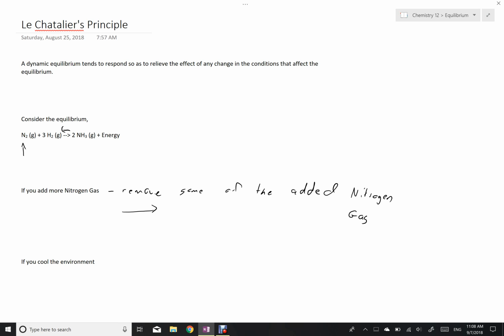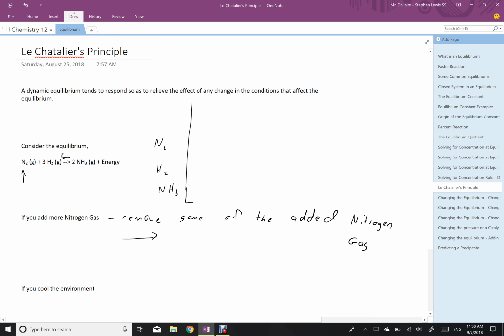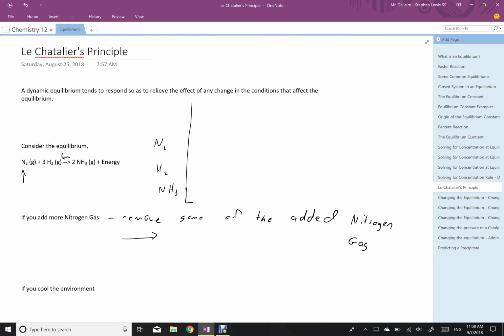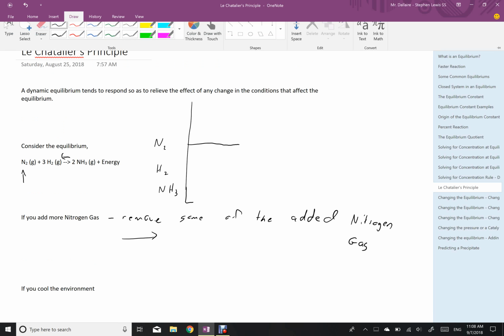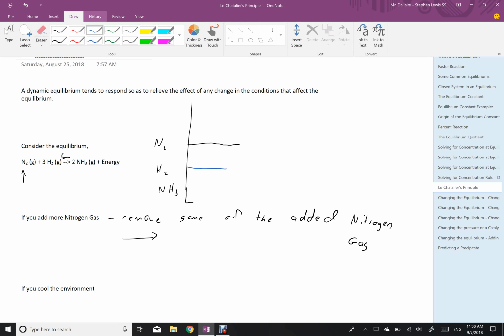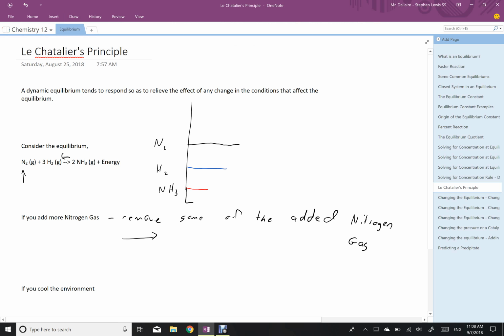That means then, if we imagine we are chasing around the concentrations of nitrogen, hydrogen, and ammonia, respectively, I'll use 3 different colors here so that we can keep them straight. Let's make the nitrogen gas black. We'll make the hydrogen gas blue, and we'll make the ammonia red.